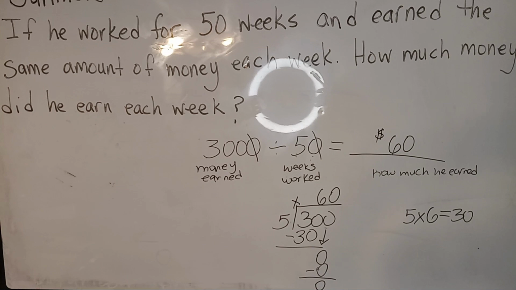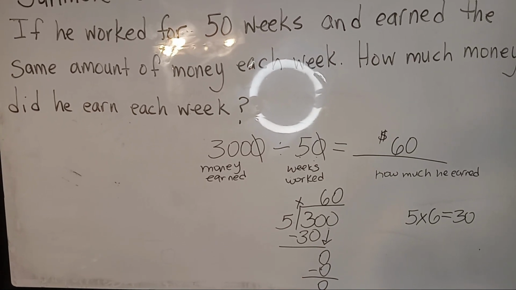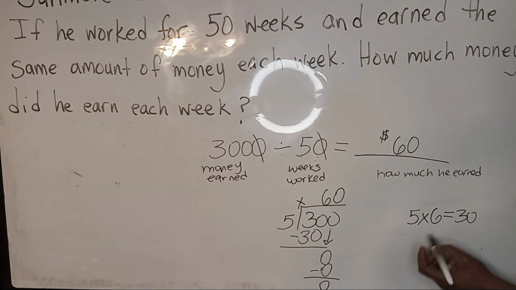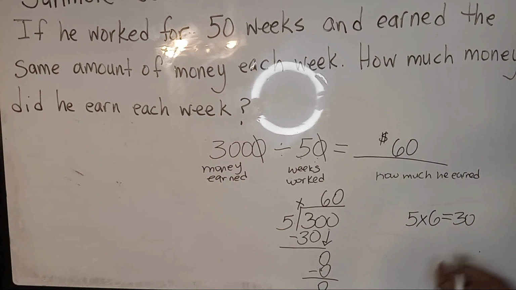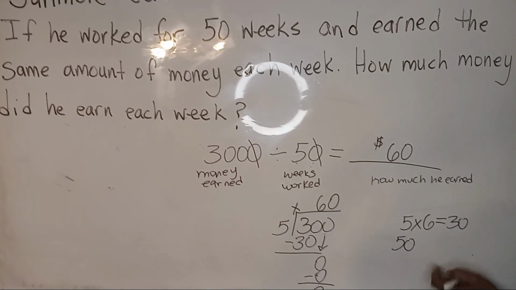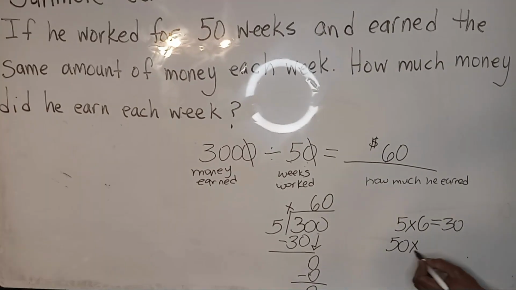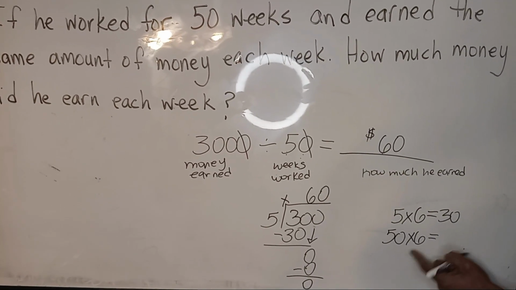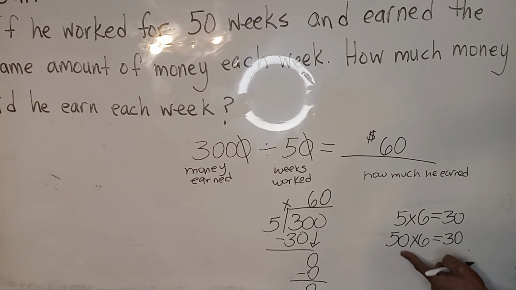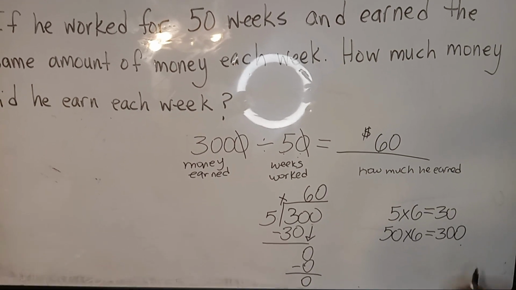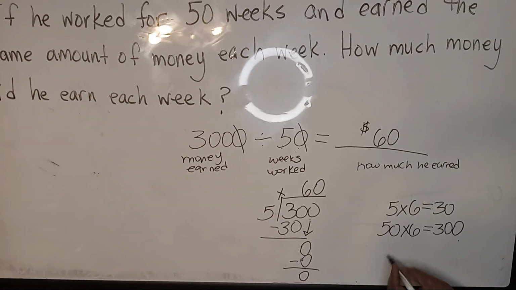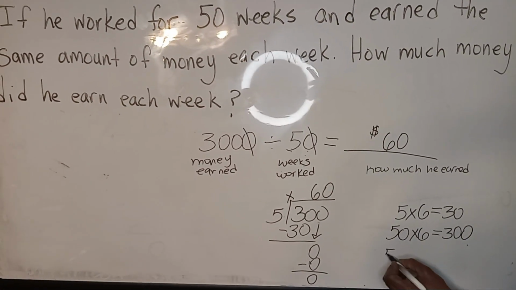And what I mean by that, in case me saying that is confusing, we have 50. We had 5 times 6 is 30. But now if we add a 0 back in, times the same 6, that's going to get us our 30. Then we're going to add 1 0. But we needed 3,000. So we still take the 50.